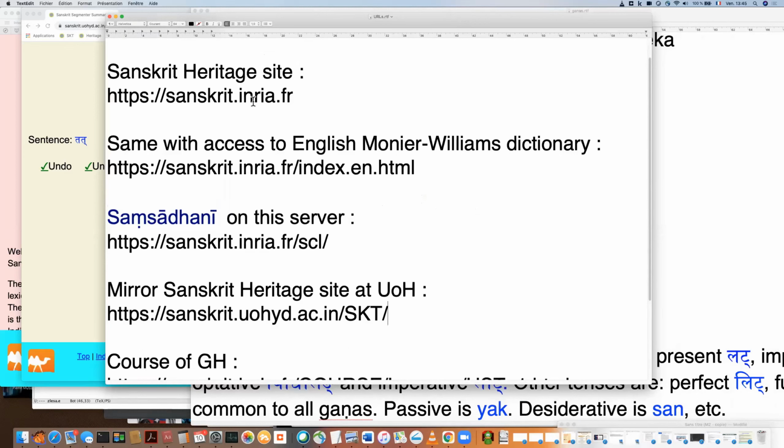This is the same with access to the English Monier-Williams dictionary by default. And this is the Samsaadhanii on this server. But if you want to use the mirror Sanskrit Heritage site, the one I showed here, this is the URL. What I don't understand in your question, madam, is the blue color. What blue color are you talking about?